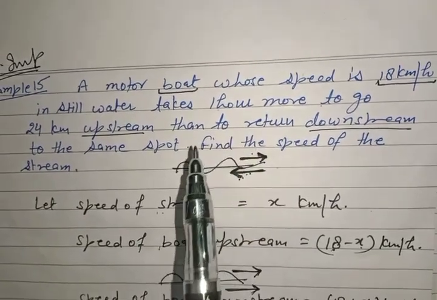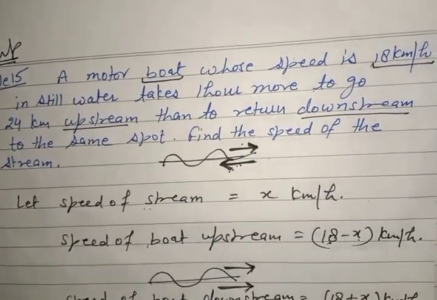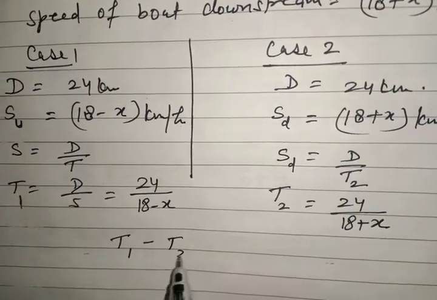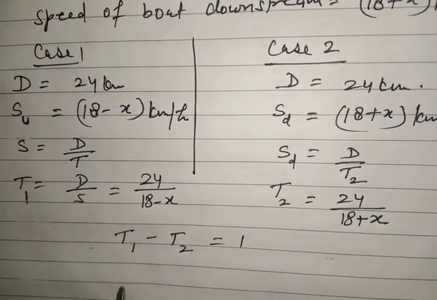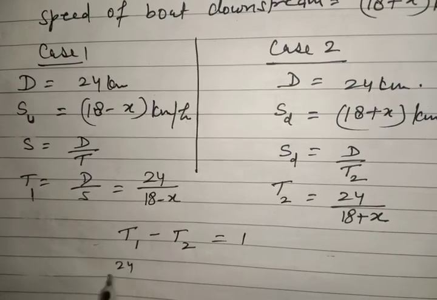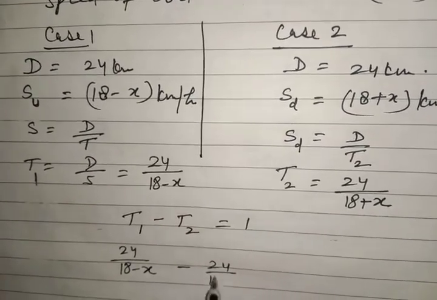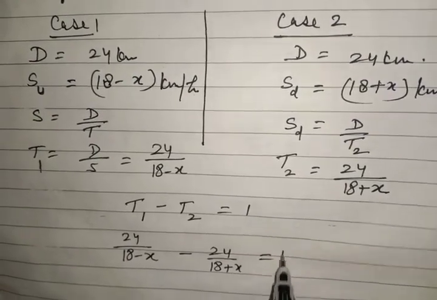So for going upstream it takes 1 hour more. It means T1 minus T2 is equal to 1. Means 24 upon 18 minus x minus 24 upon 18 plus x is equal to 1.